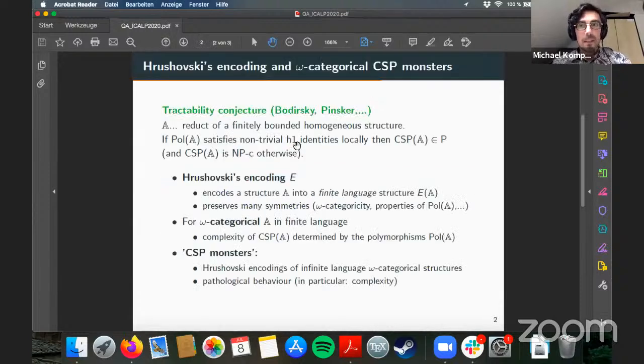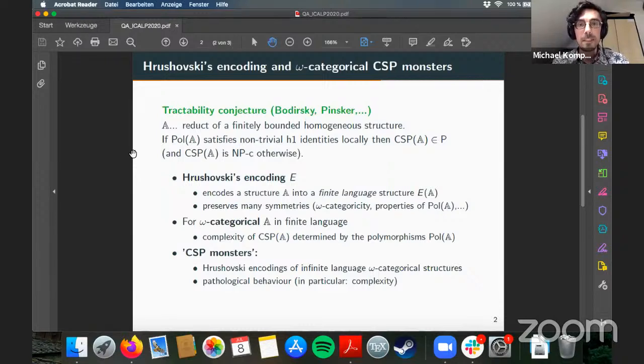So our paper is about infinite domain constraint satisfaction problems. And there the big tractability conjecture is that when we start with a structure, possibly a countable domain structure, that's a reduct of a finitely bounded homogeneous structure, then either the polymorphism clone of this structure satisfies locally non-trivial identities of height 1, so identities that cannot be satisfied by projections, and then the CSP can be solved in polynomial time.